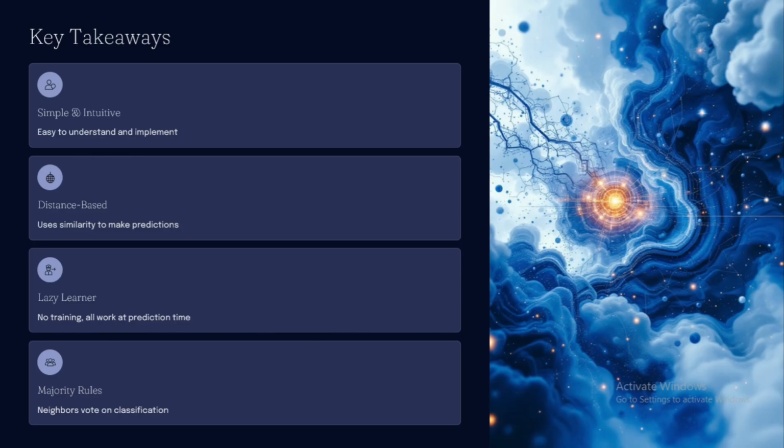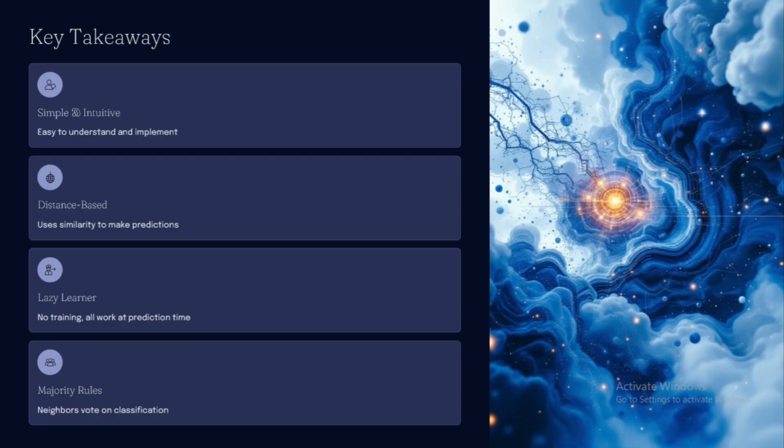Key takeaways of kNN. Let's summarize what we learned. Simple and intuitive, distance-based algorithm, no training phase, works well for small data sets, great for beginners. But remember, kNN can be slow for big data. Choosing the right k value is important.